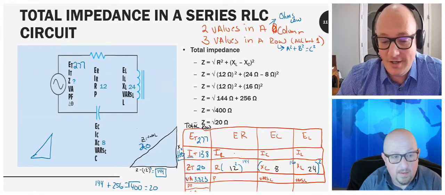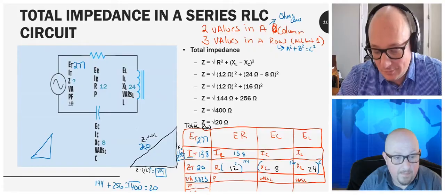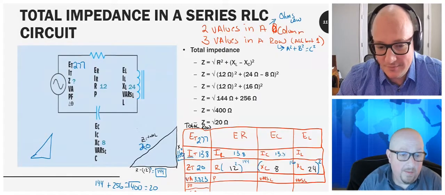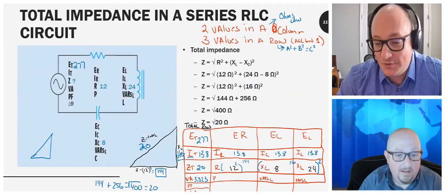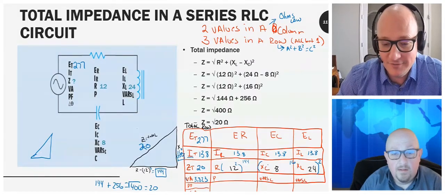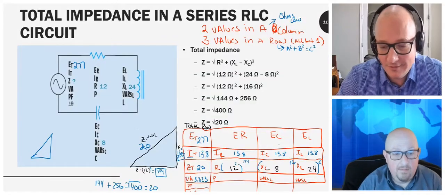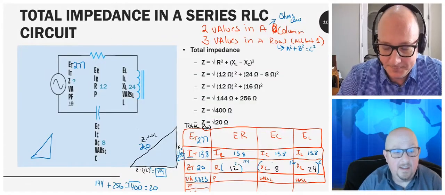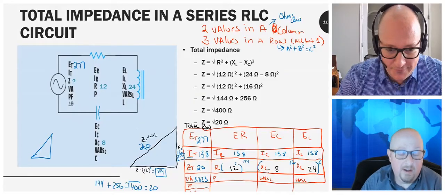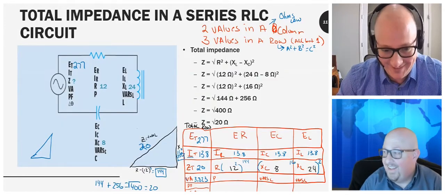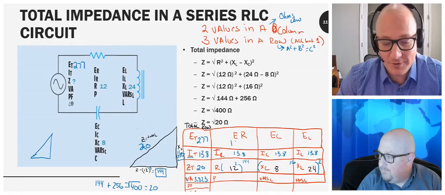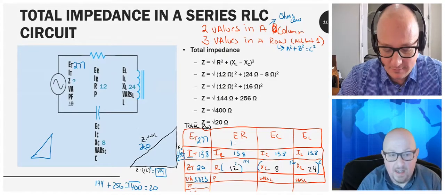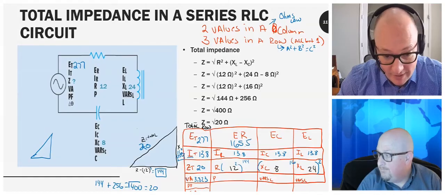So the only way I have to solve for the remaining of these, the current at each component is equal here. Before we even get to that, we can add the volts dropped. We can do some Kirchhoff's law and figure out whether we did this correctly. So 12 times 13.8 is 165.6 volts dropped across the resistor.